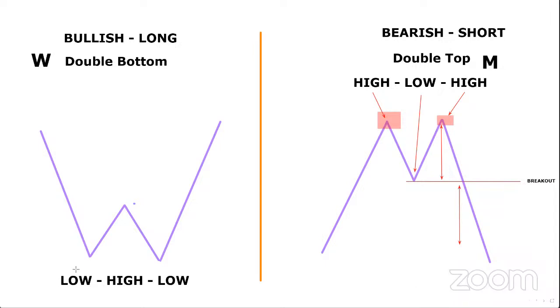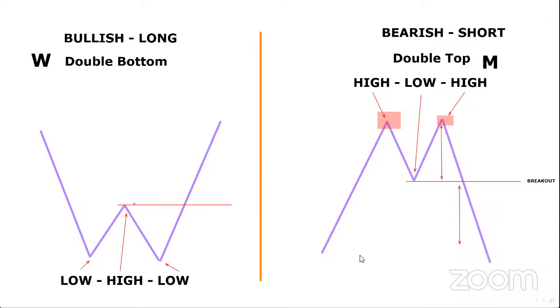So here we have low, high, and low. And between them, we have the high. So I'm going to draw here a horizontal line that goes like this.